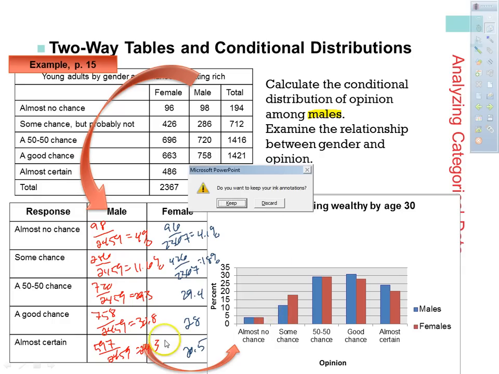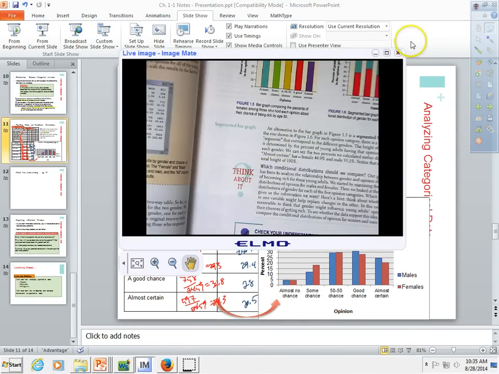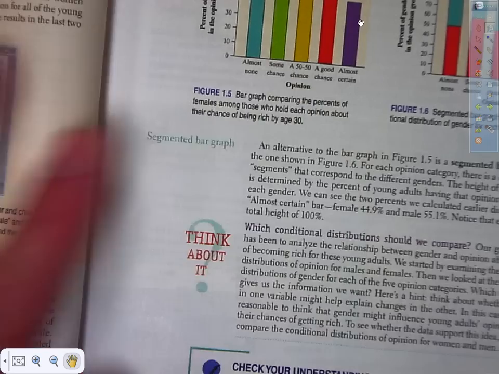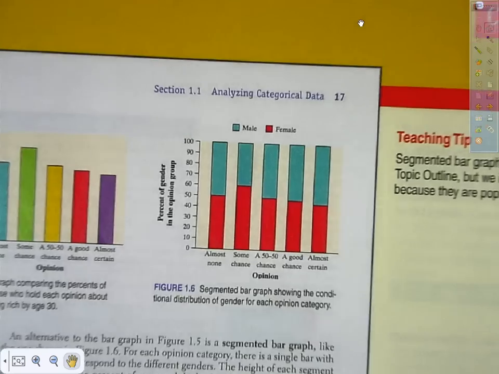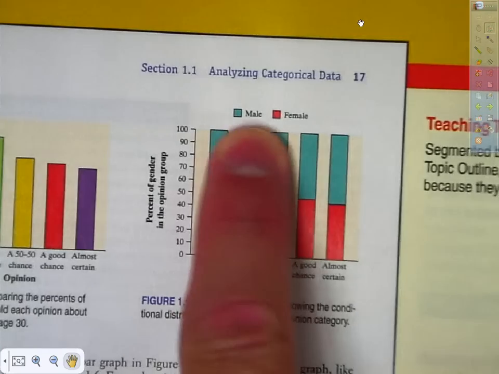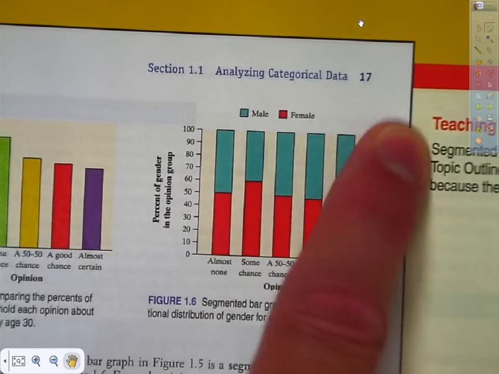It's going to have your different percentages located in that. And so it would look something like this. And this is on page 17 in your book, right? This is a segmented bar graph. And apparently, again, we need a key. The first part are the females, and the top part the males.